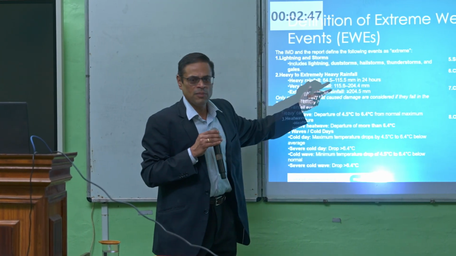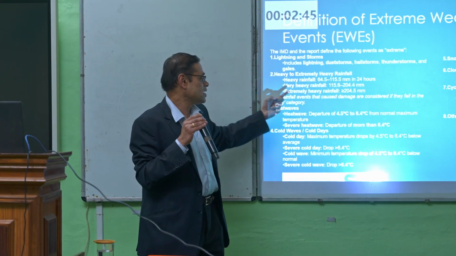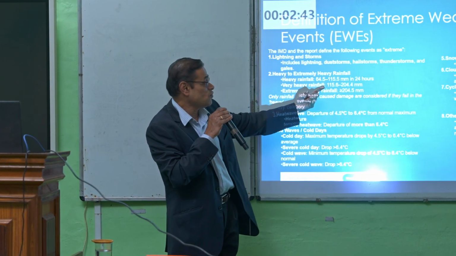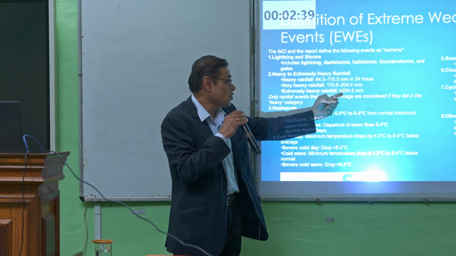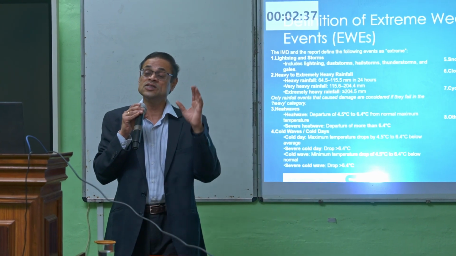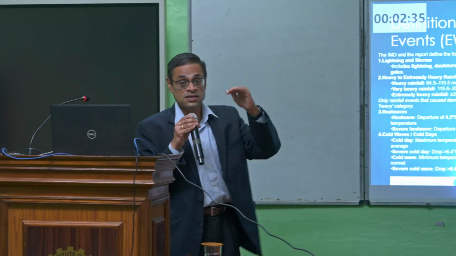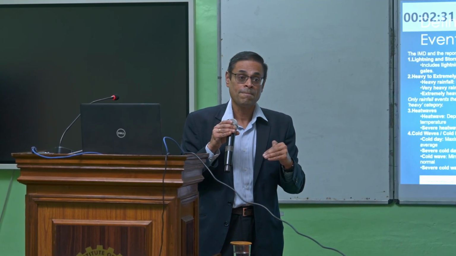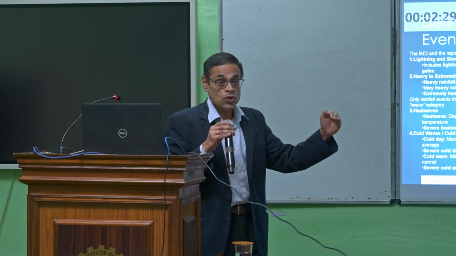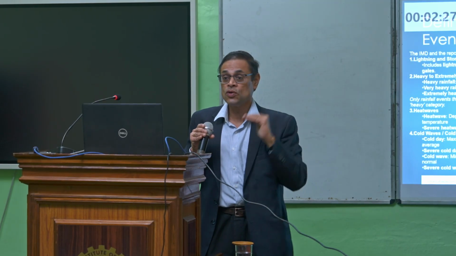Heavy rainfall. Many cities in India cannot handle that. And we are talking about very heavy rainfall from 115 to 204. Extreme heavy rainfall more than 204. This is based on IMD, set definition of 3 different categories of rainfall. Take your own data from your own neighborhood.